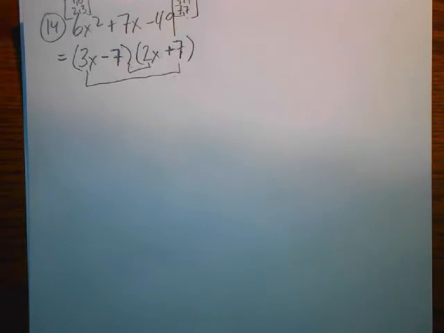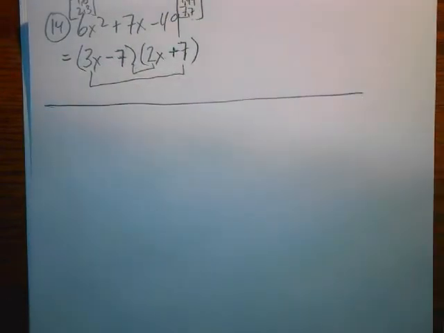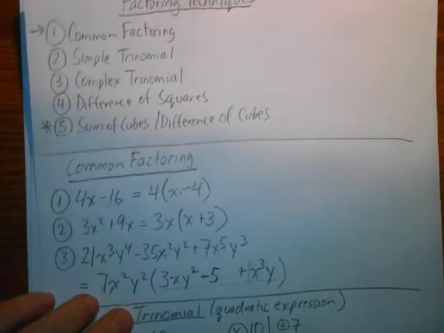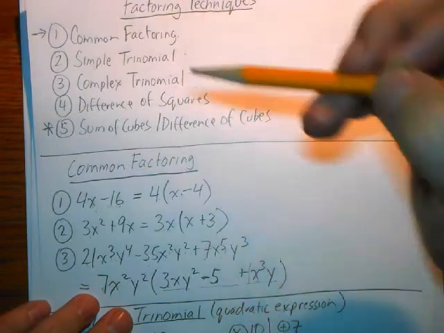Okay, so now we're going to move to, let's go back to our original sheet here. So we've done common factoring, simple trinomial, complex trinomial, difference of squares. So difference of squares, it's basically like a little formula.